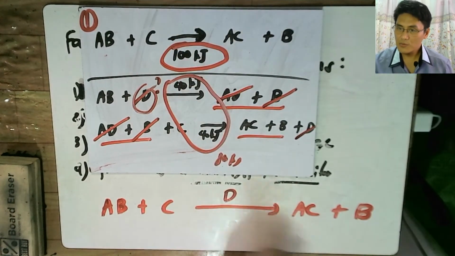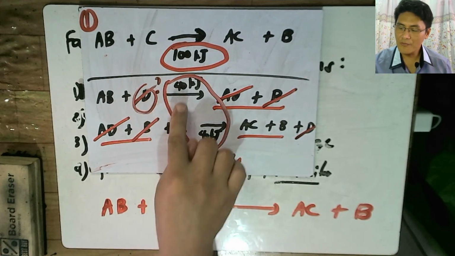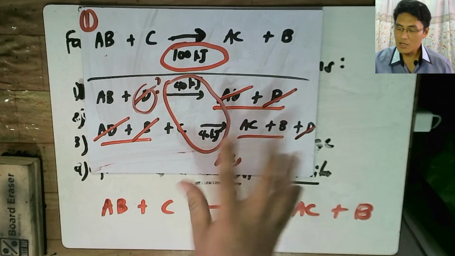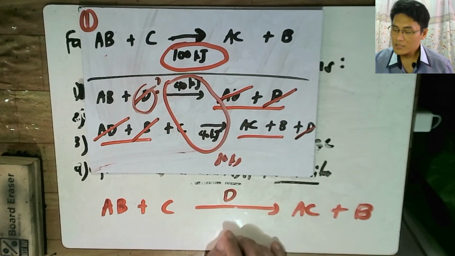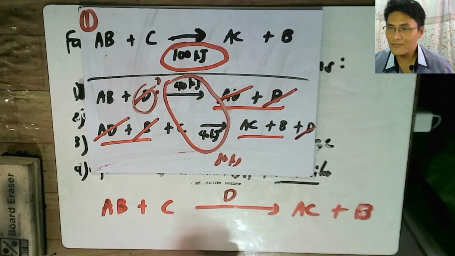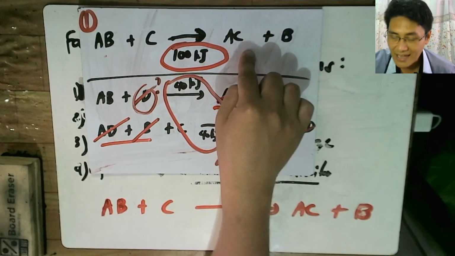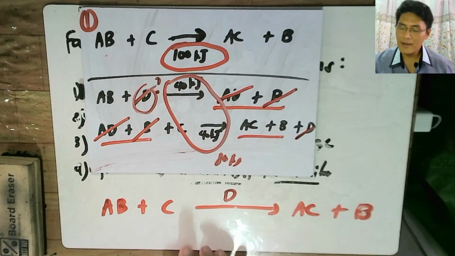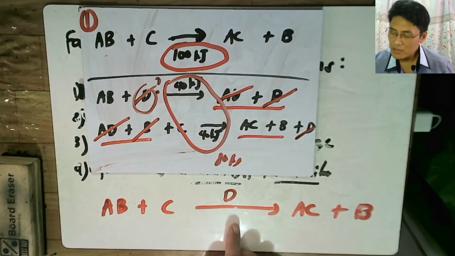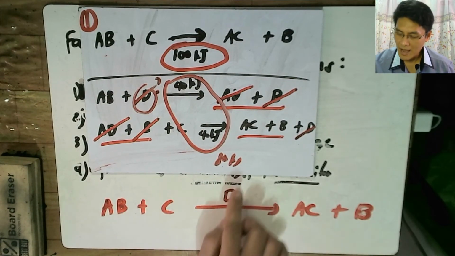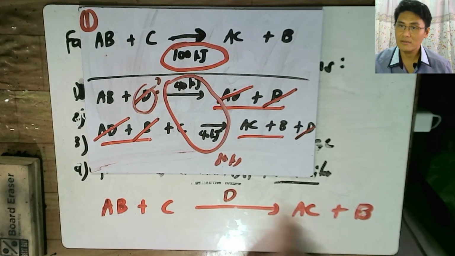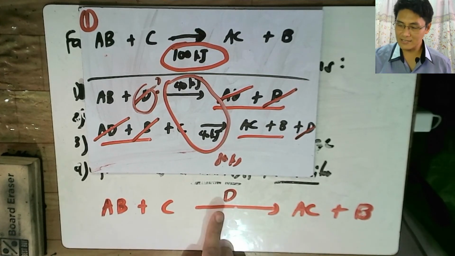But with the D, it takes 40 kilojoules in the first step, 40 kilojoules in the second step. So overall 80 kilojoules. So guess what? This chemical reaction is faster than that chemical reaction, right? This takes less energy than that, and as a result, this becomes faster. Okay? So I hope you understand why the catalyst is like that.